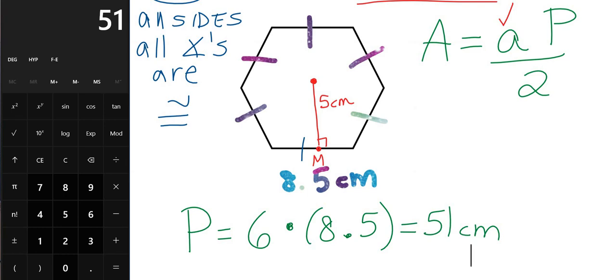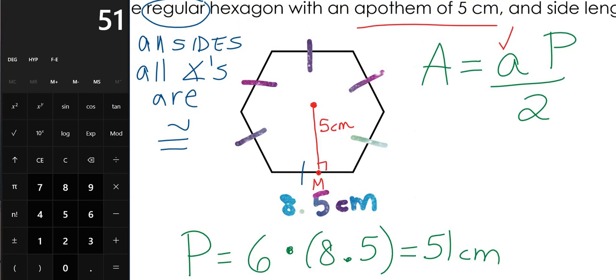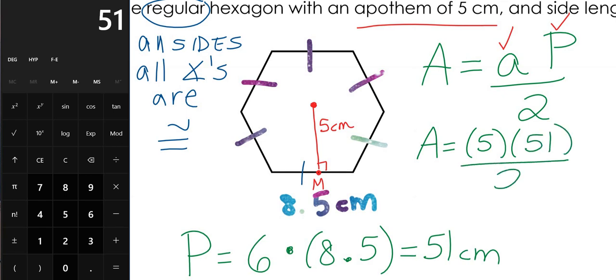Now, once we have that, we have the 2 pieces of information that we need: apothem, which they gave us, and perimeter, which we just solved for. So let's plug everything in. To get the area of any regular polygon, it's going to be the apothem of 5 times the perimeter of 51, all over 2.